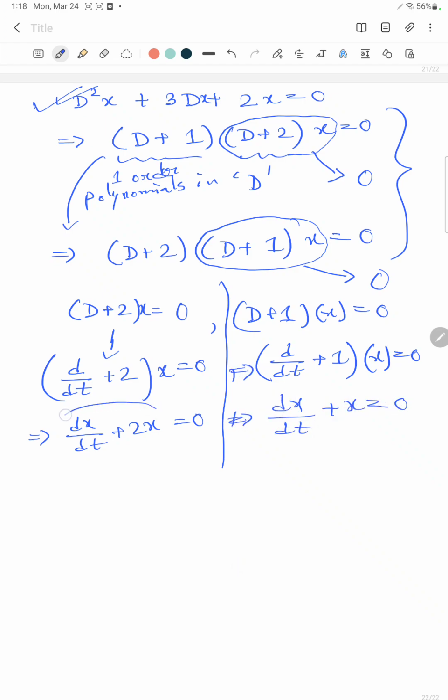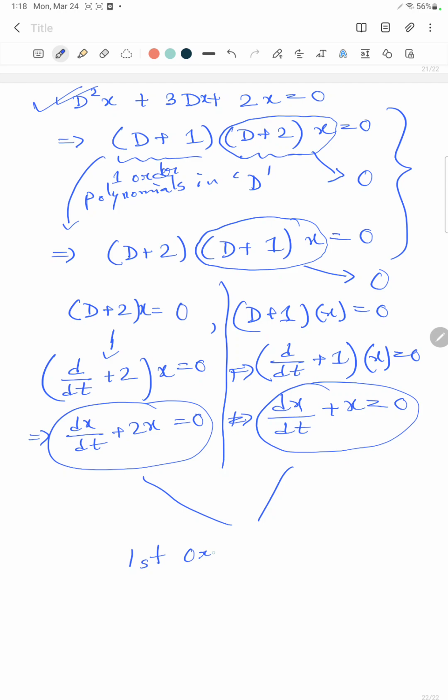Now you see that both these equations are first order linear differential equations with constant coefficients, and these are very easy to solve.